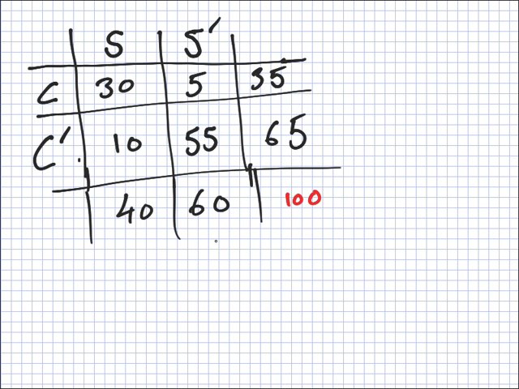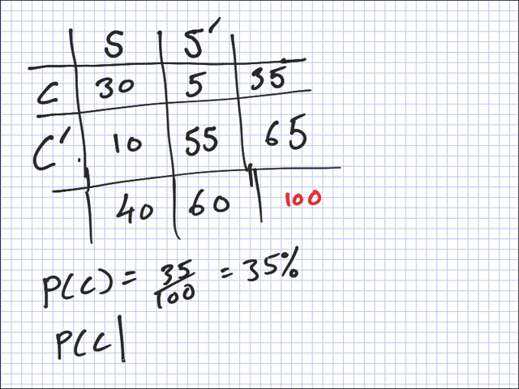Got that? So, you should remember doing this. Probability of cancer here, what's that going to be? 35 over 100. 35%. But we can all appreciate that's different if I said probability of cancer given that the person smokes, and the probability of cancer given that they don't smoke.